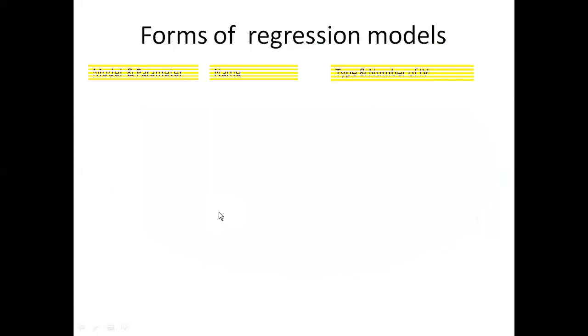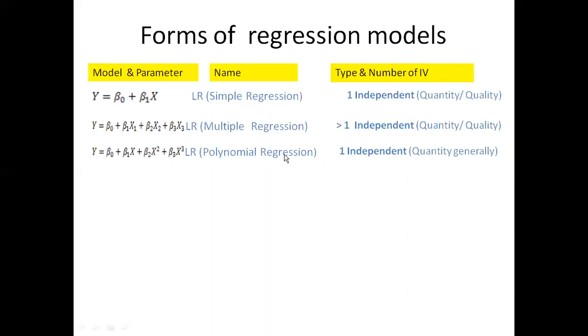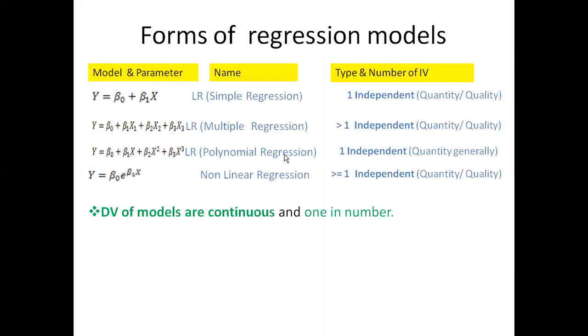Generally, we use many types of regression models in regression analysis, so I'm going to discuss each one by one. If it is written that y equals beta naught plus beta 1 x, and x is our variable, then y is the dependent variable and x is the independent variable.